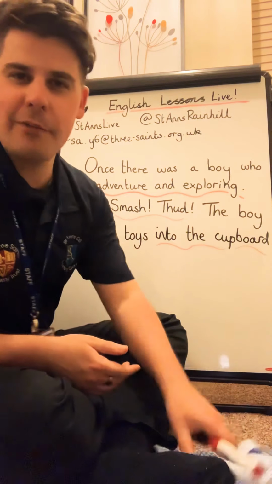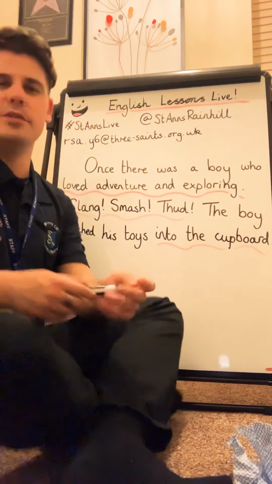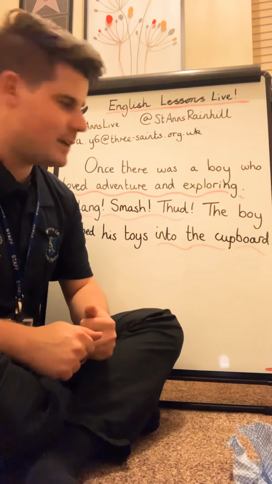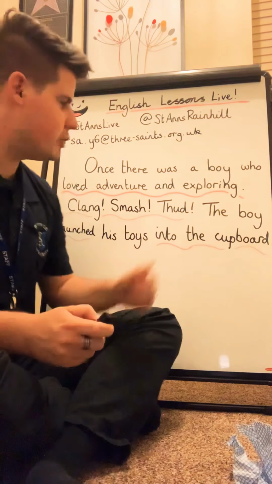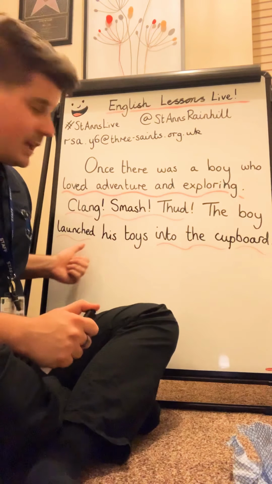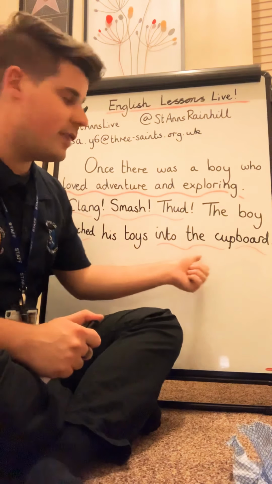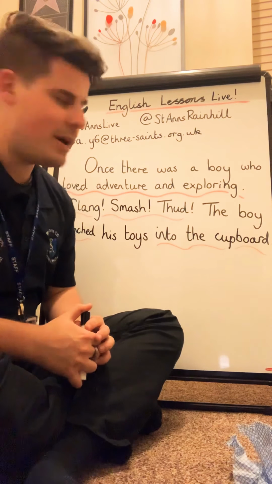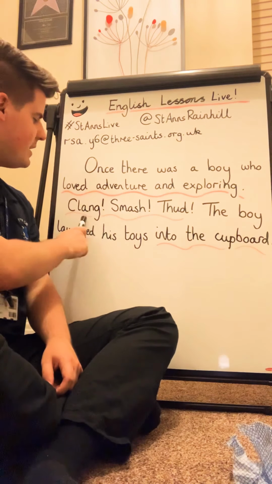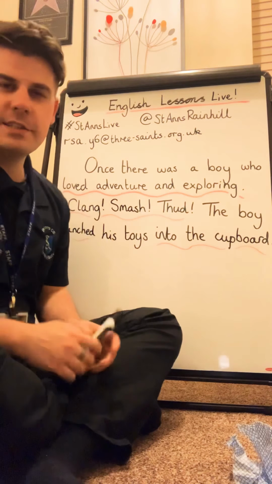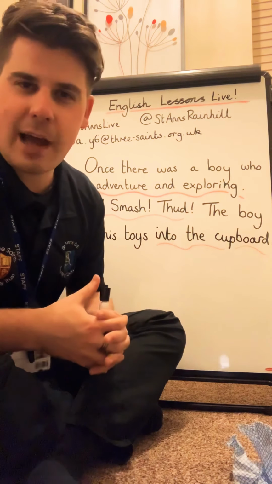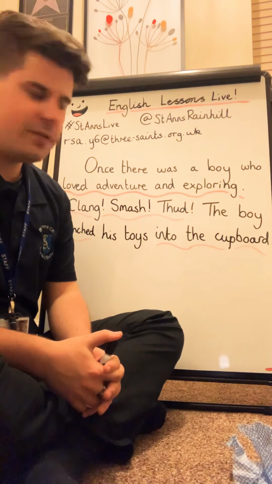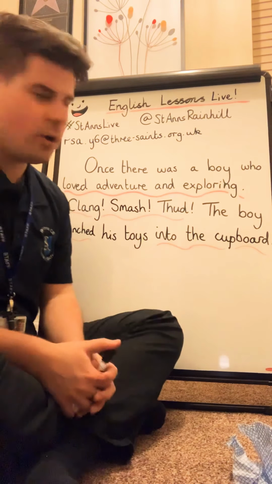You could have a little play of where he was putting his toys. That'd be quite nice as well, wouldn't it? Have a little think, where would you put it? You could have maybe the boy stuffed his toys under the bed. I like that one as well. The boy stuffed his toys under the bed. Have a little think and explain why these sounds were being made. So pause the video there if you want to have a go at writing this sentence, or you can do it at the end.